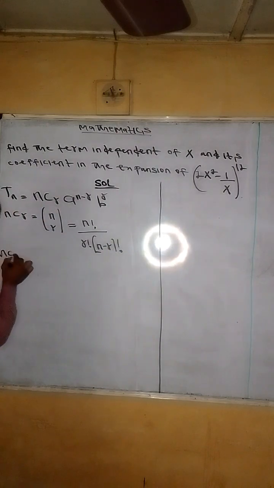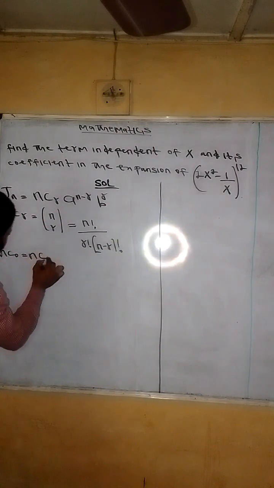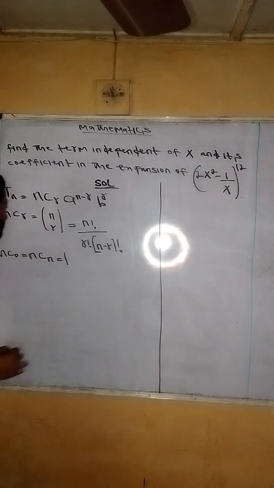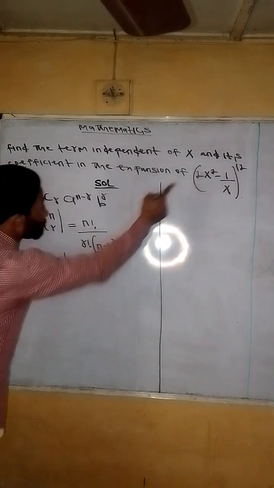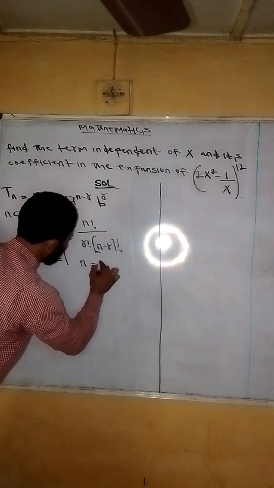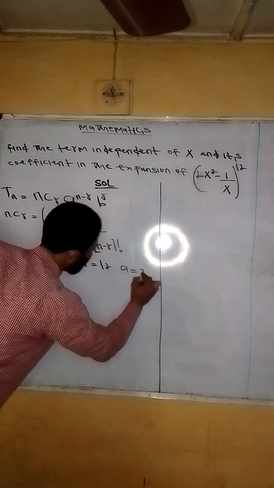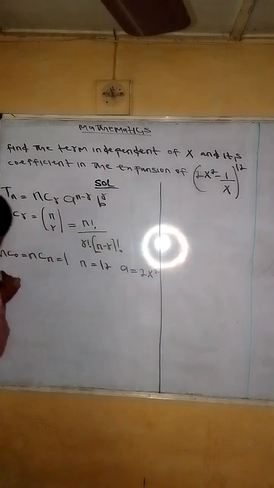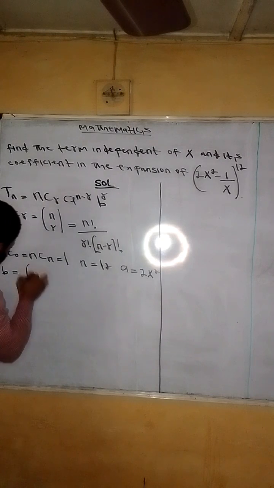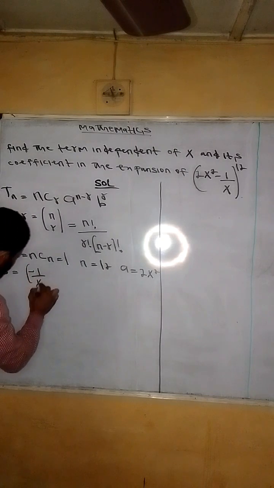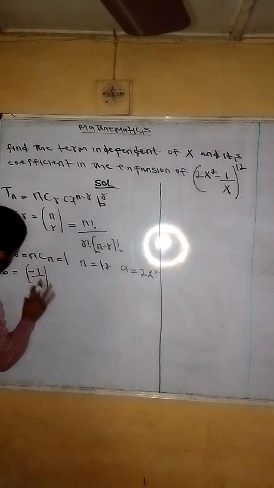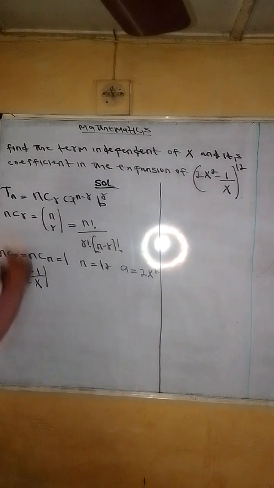Please take note that n combination 0 and n combination n are equal to 1. And from this particular expression on the board, it is obvious that n is 12, a is 2s squared, and b is minus 1 over s.